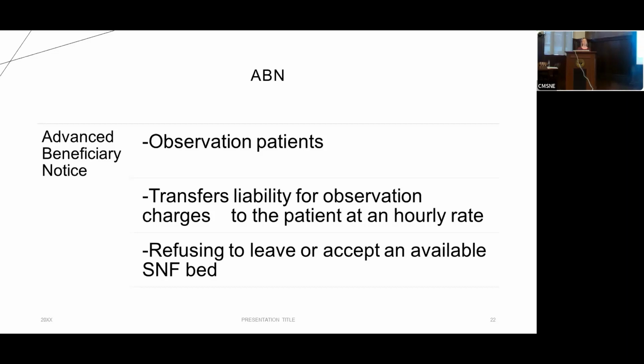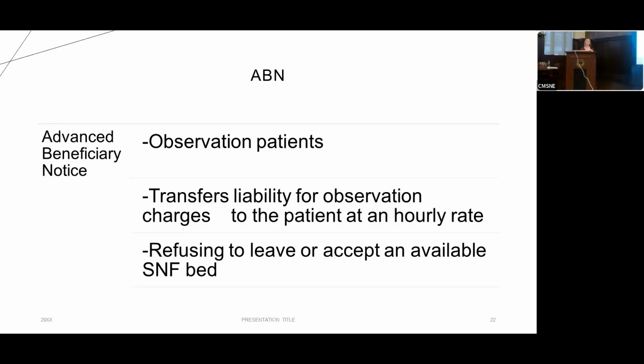This could be, as right now with our waivers in place, a patient who is in observation, has a bed at one particular SNF, doesn't want to go there, wants to go someplace else, down East Greenwich. We all know. And you can issue them an ABN and let them know that, okay, you can stay, but you're going to be charged an hourly rate for the rest of your time here.